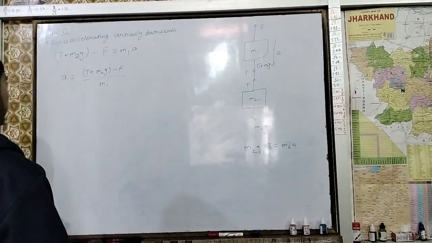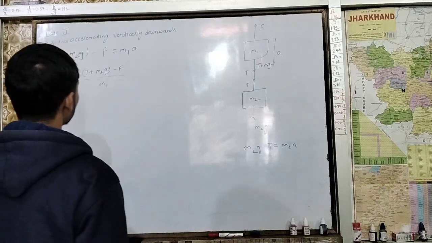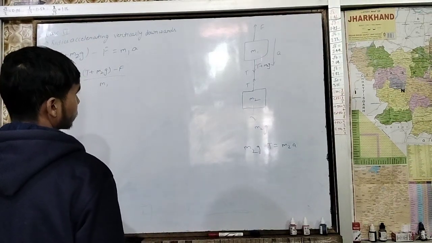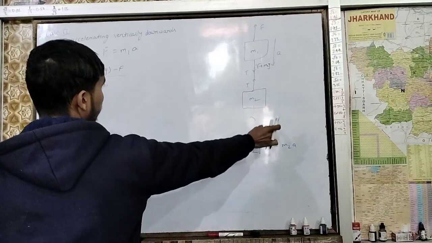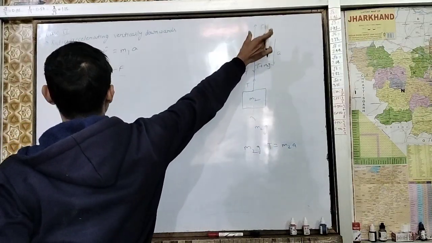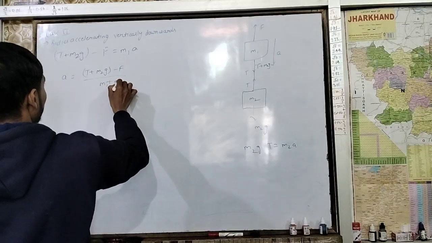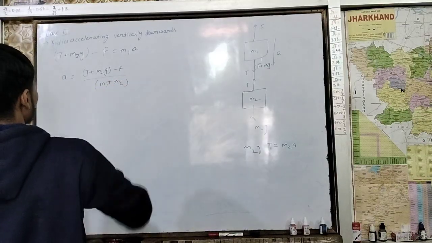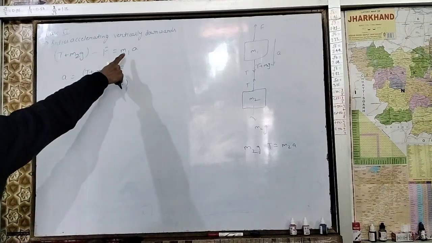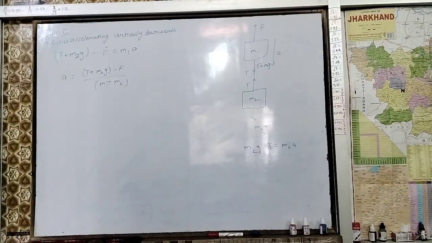So upward force is F. T plus m2z minus upward force, plus m2. There are two bodies. Net total bodies, m1 plus m2. There are how much bodies? Two bodies.